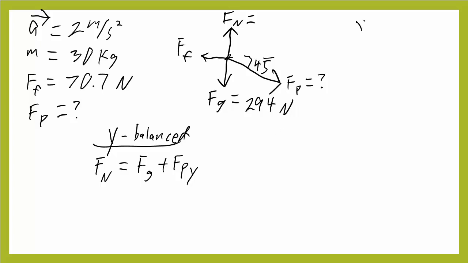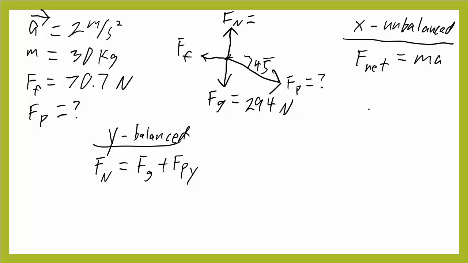Let's jump up here to have a little more room for the x direction. Now this time I'm accelerating to the right, so now we have unbalanced forces in the x direction. This is our first time seeing how to deal with that. If they're unbalanced, we can't say that left equals right, but we can say that the net force is equal to mass times acceleration.